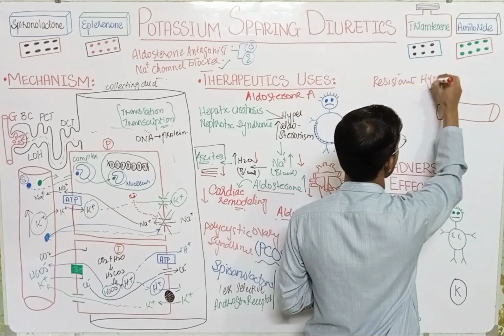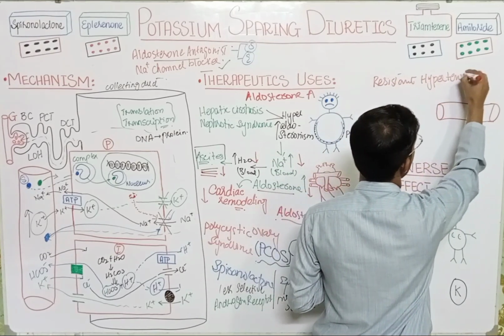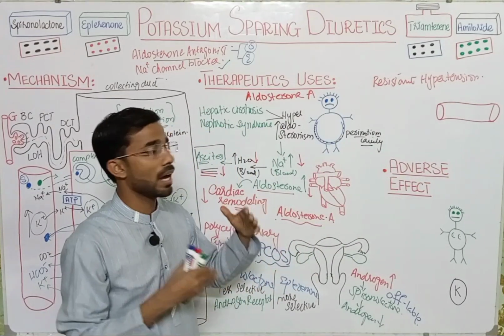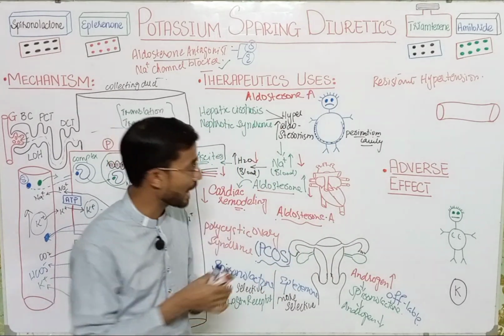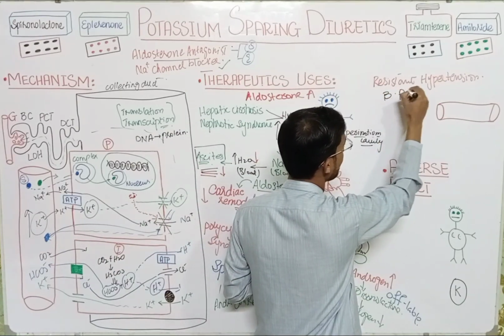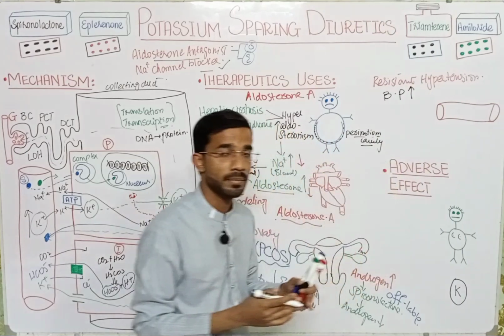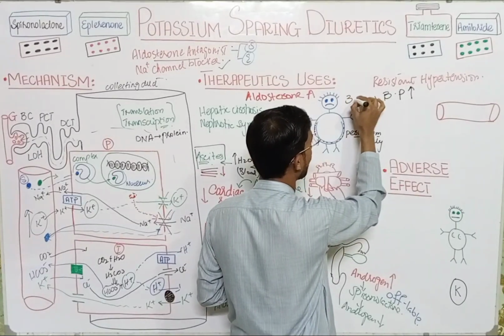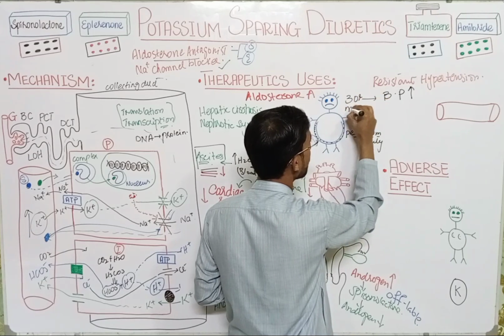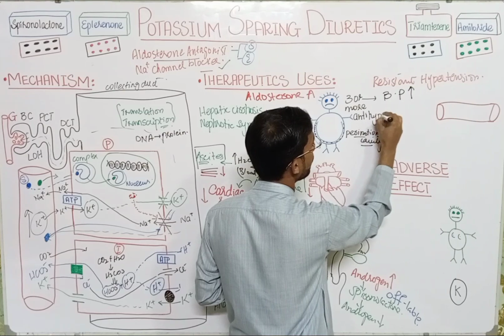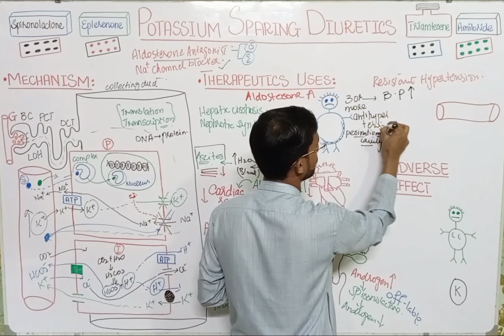Next is resistant hypertension. Resistant hypertension is a high increase in blood pressure which remains increased even though we are using 3 or more anti-hypertensive drugs.